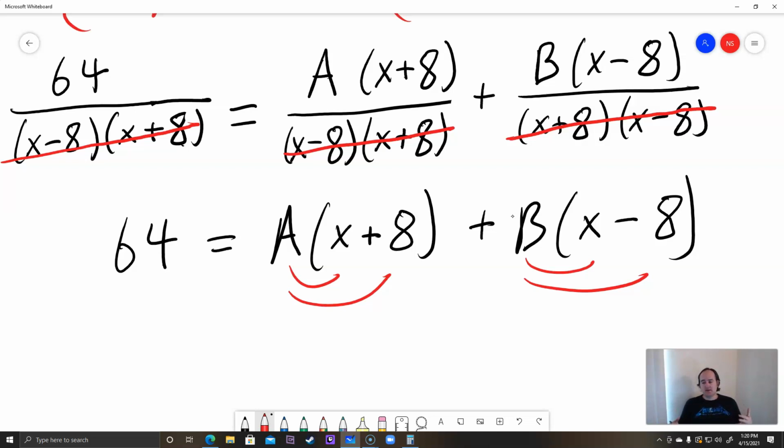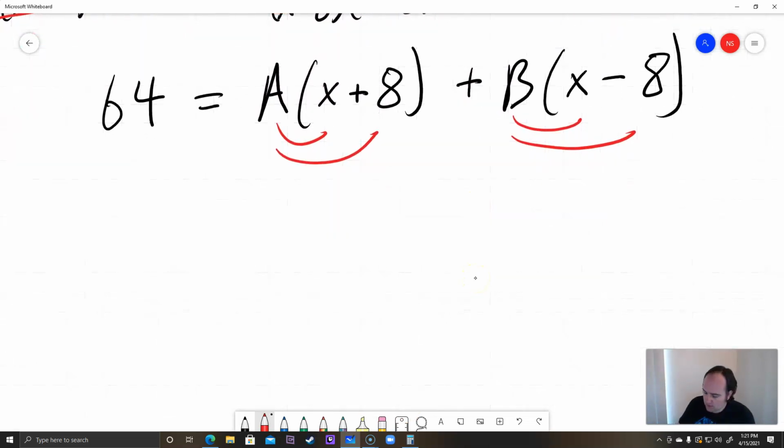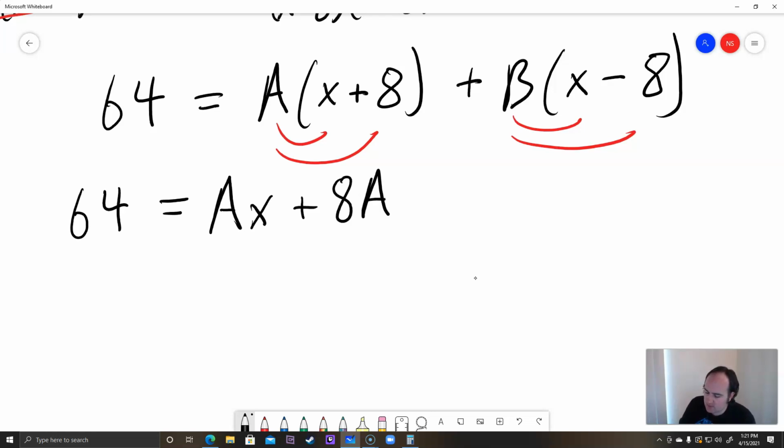They're not variables. So at the end of the problem, they're going to be real numbers. After distributing here, we have 64 equals Ax plus 8A plus Bx minus 8B.